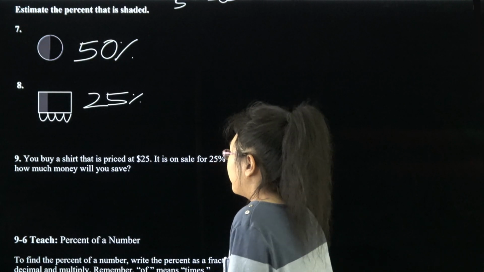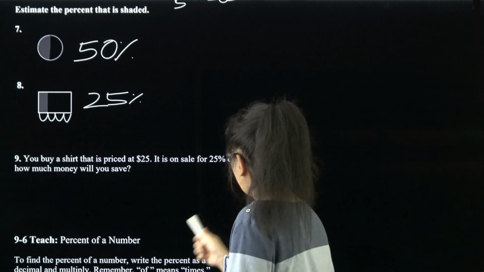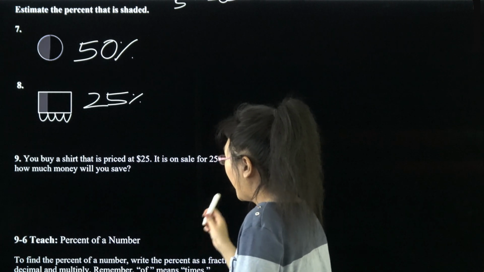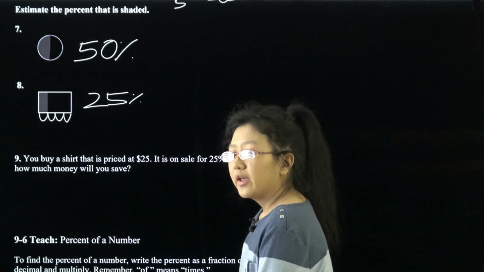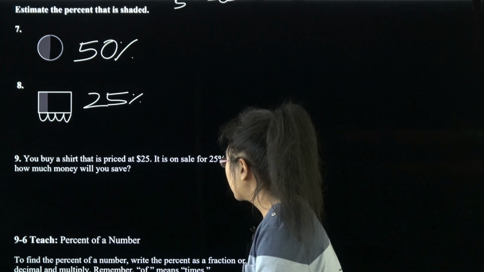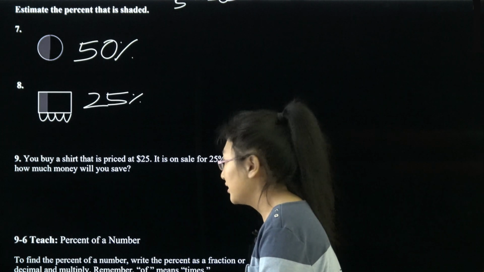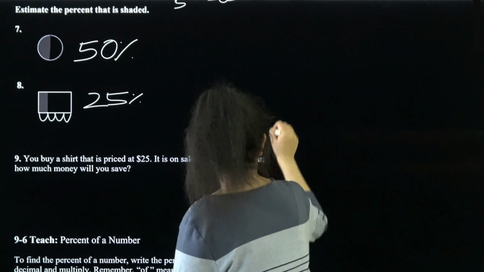Now we're on the word problem. You buy a shirt that is priced at $25. It is on sale for 25% off. About how much money will you save? It's very strange that some people will tell you to estimate this because the number 25 is a very easy number.